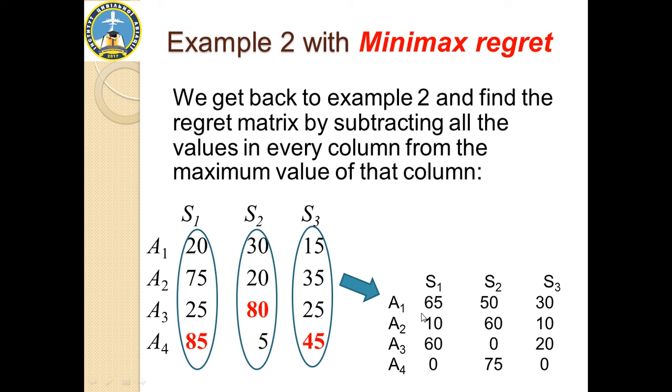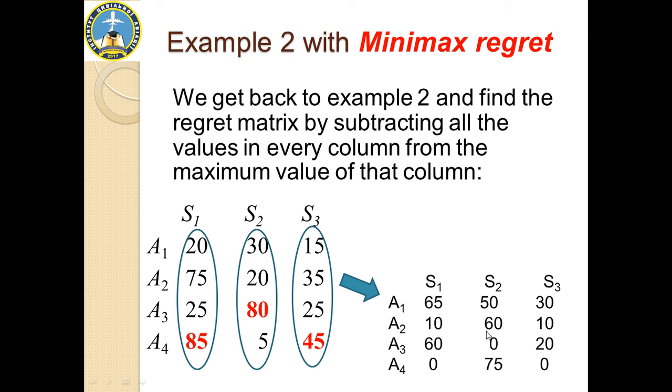In the same way, we find the regrets given other states of nature, S sub 2, S sub 3. So formally, we just find the maximum in every column and subtract every current value from this maximum. So we get the new matrix. We have regrets.